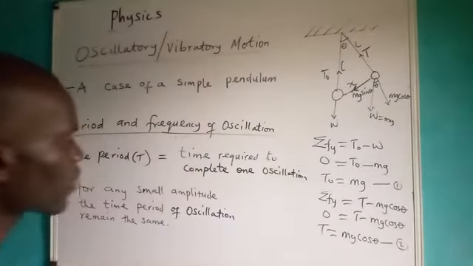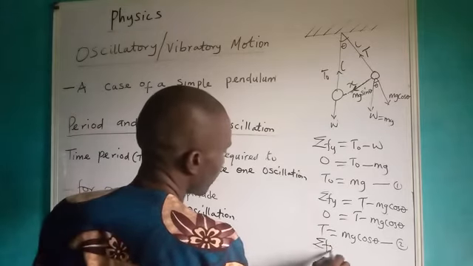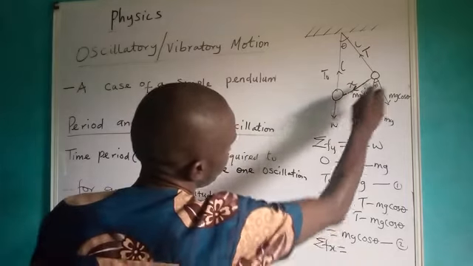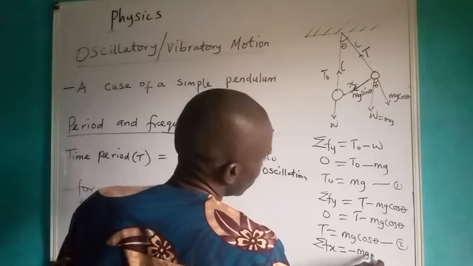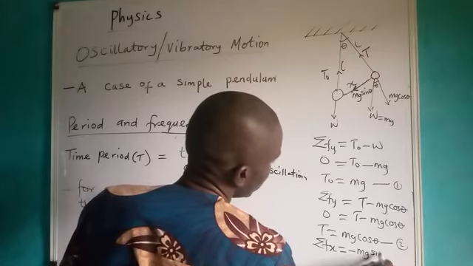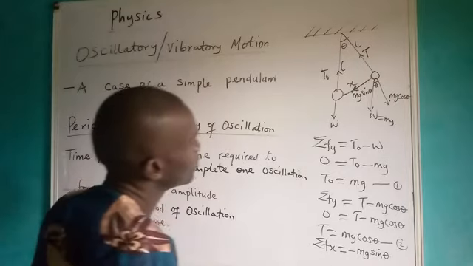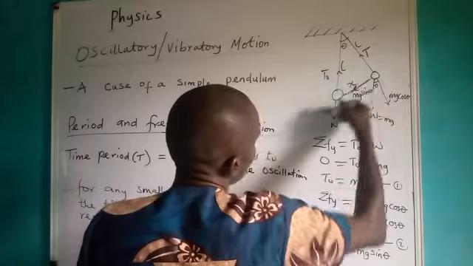Now let's look at the other one, which is sigma Fx, the one that is horizontal, and that is minus mg sin theta. As you displace this body and release it, there will be an acceleration.